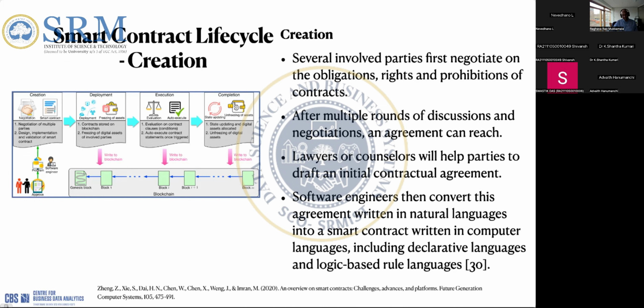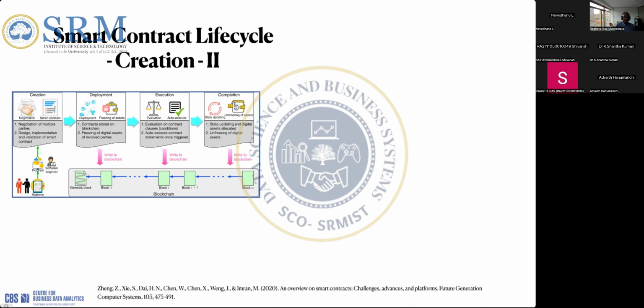Basically they will understand the clauses and then encode them using programming logic. For example, in case we use Ethereum as a smart contract platform, then you will use Solidity, which is a language used to write smart contracts, and they will convert these things into that smart contract language.